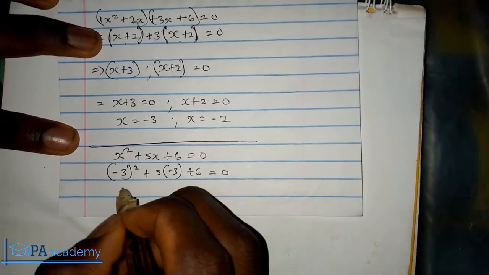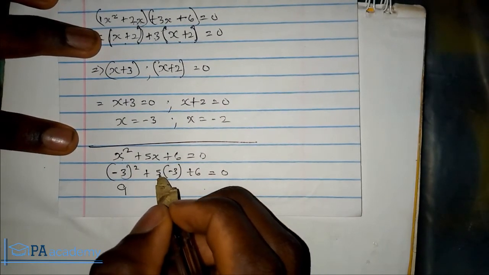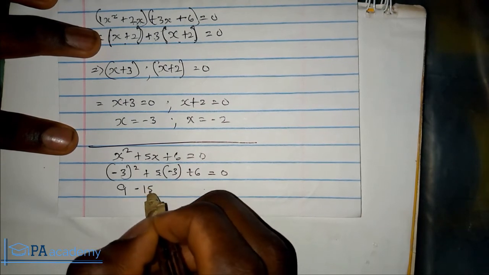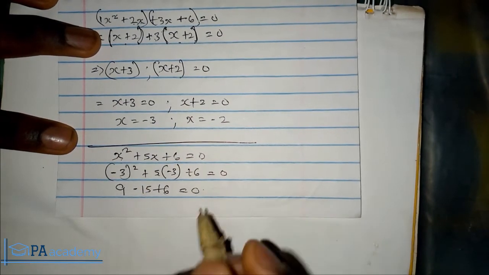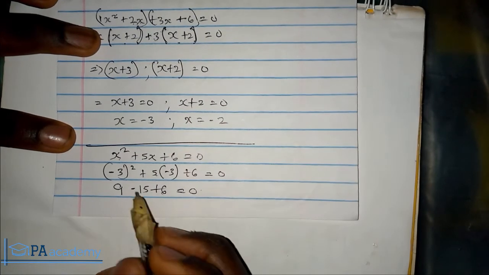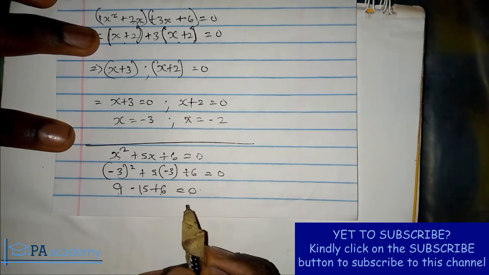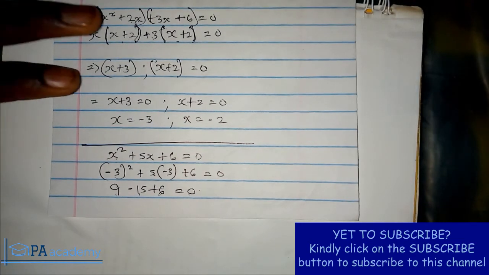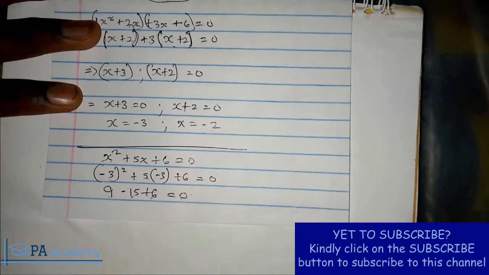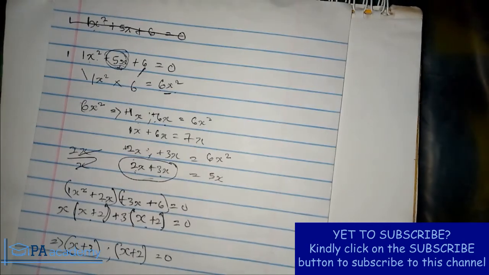So minus 3 times minus 3 is 9. 5 times minus 3 is minus 15. Plus 6 equals to 0. So 9 plus 6 is 15. Minus 15 will give us 0. So that lets us know that the answer is correct. If you try it with minus 2 also, you arrive at 0. So let's go to example number 2.